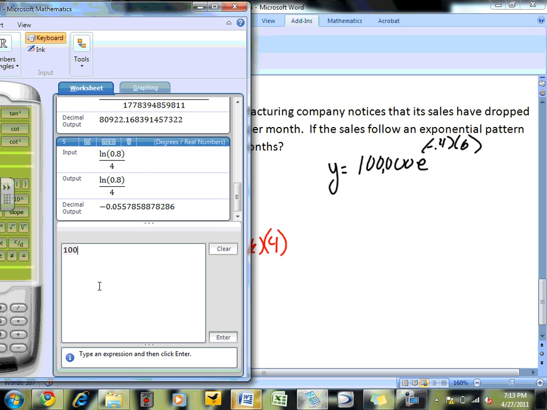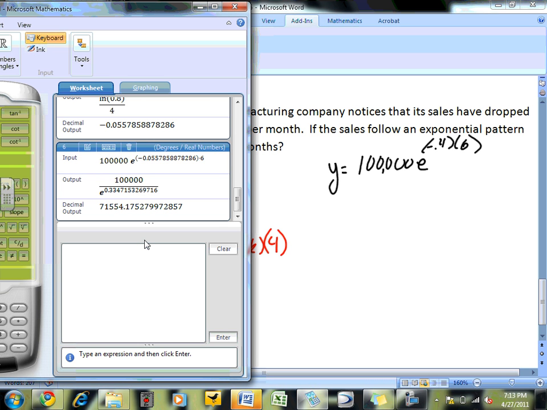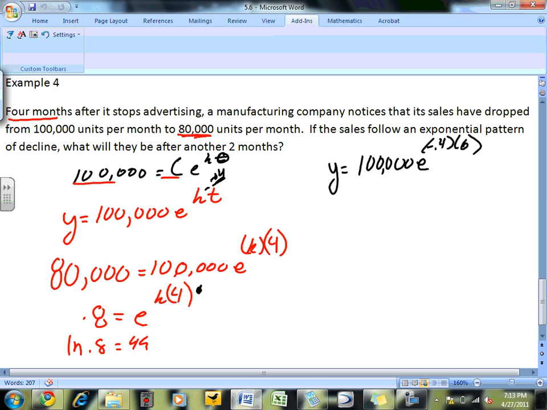So we have 100,000 times e to the, let's see, this number here, times 6. We hit enter there. So our sales per month is going to be 71,554 per month after 6 months of not advertising.